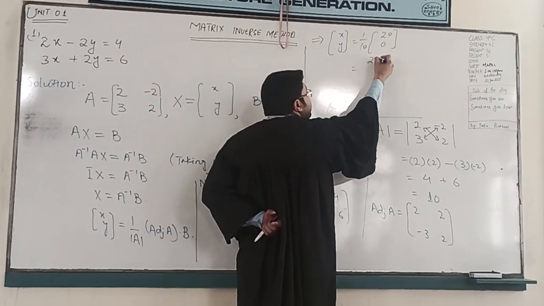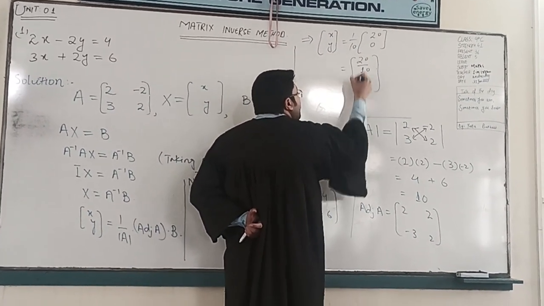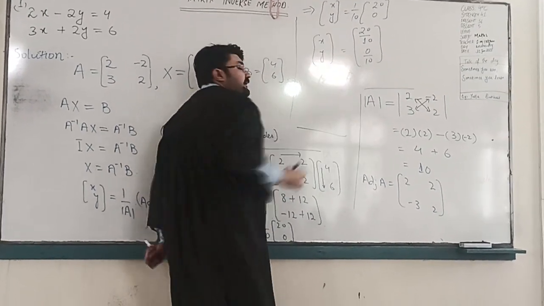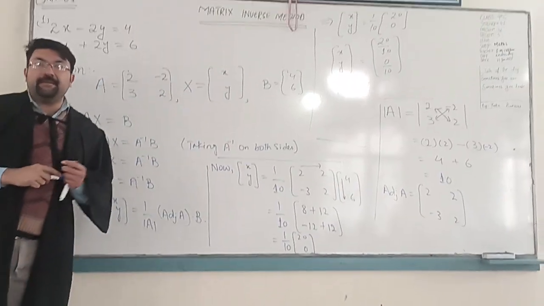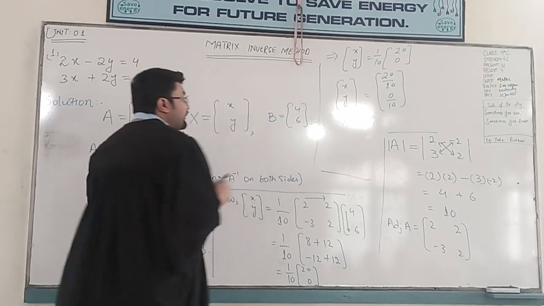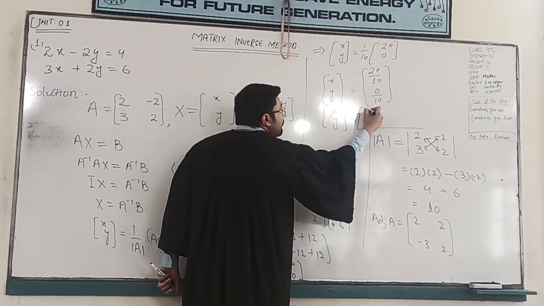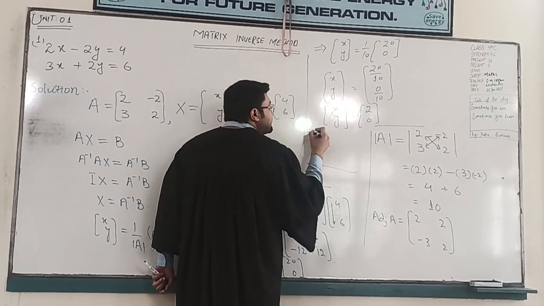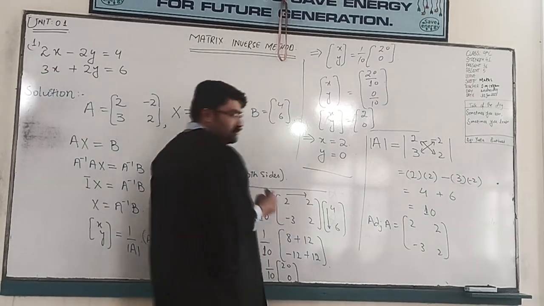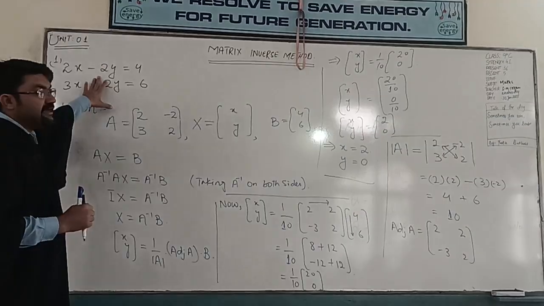It will become 20 divided by 10, 0 divided by 10, which is here X and Y. Okay, X and Y is equal to 20 divided by 10 and 0 divided by 10. It will become X and Y is equal to 2 and 0. This implies that x is equal to 2 and y is equal to 0. Okay, so the value of x is 2, the value of y is 0.